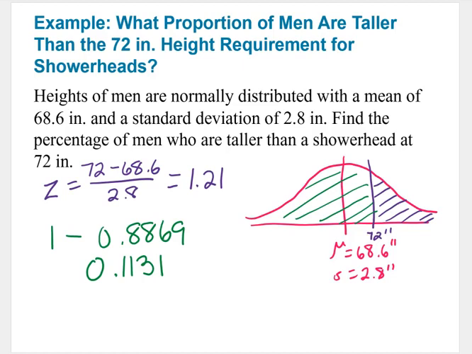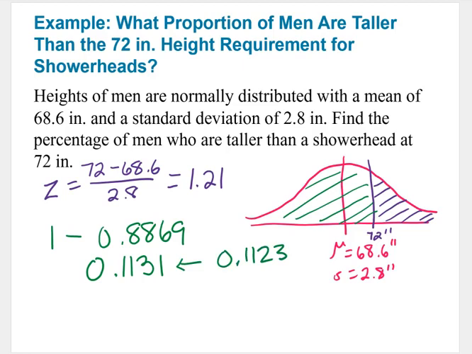11.31%. Now, if you use technology, it might give you a slightly different answer. Instead of this answer, it might give you 0.1123, which is still very close because they're still within 0.1% of each other.